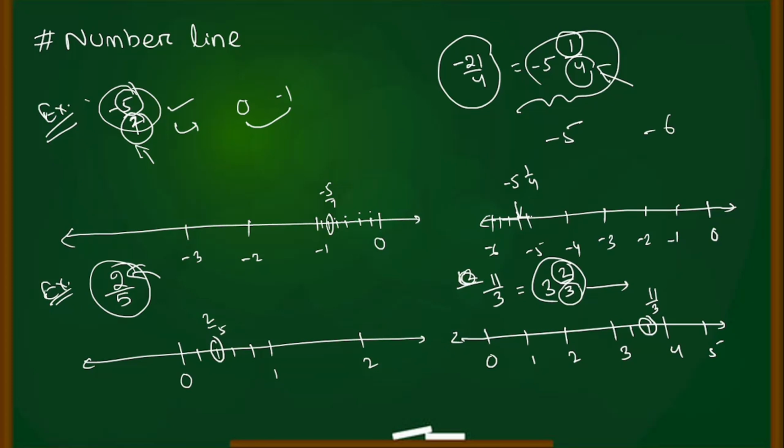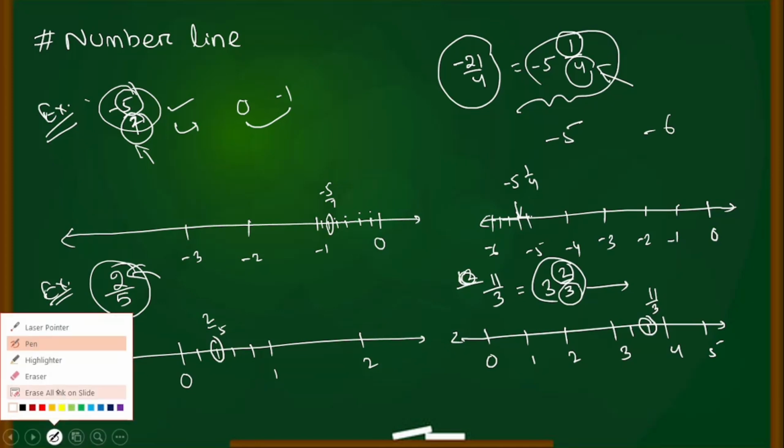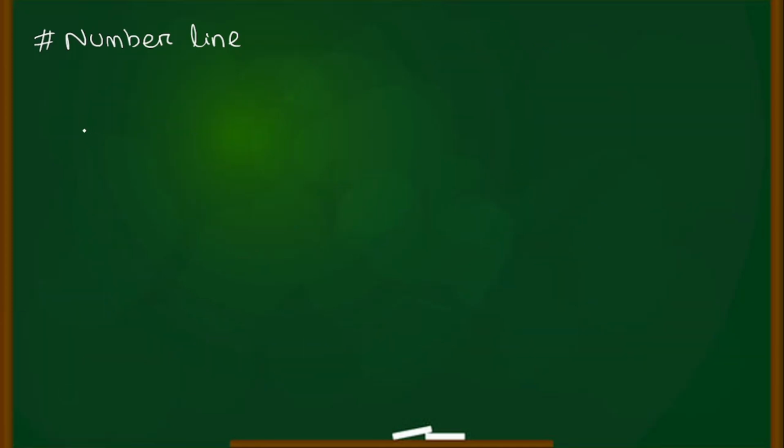Now the next method. The next method is, first, suppose the question is 4 by 7. So how to draw? First draw a number line.